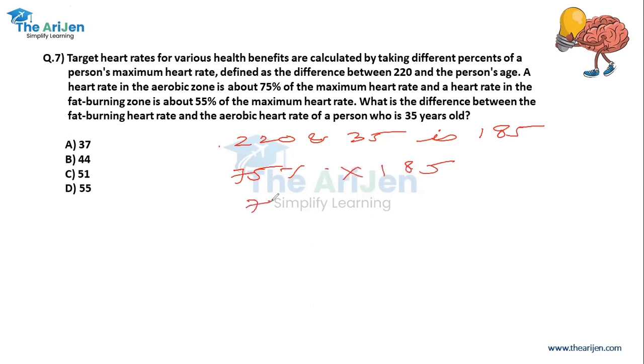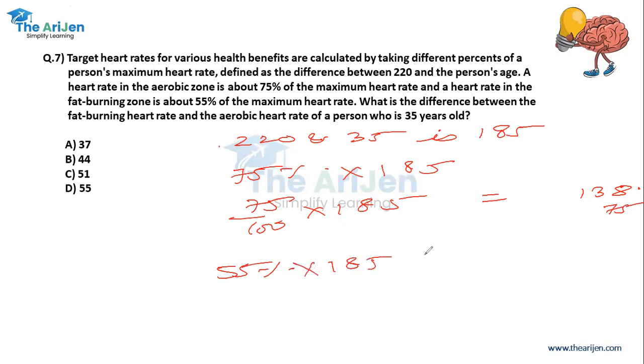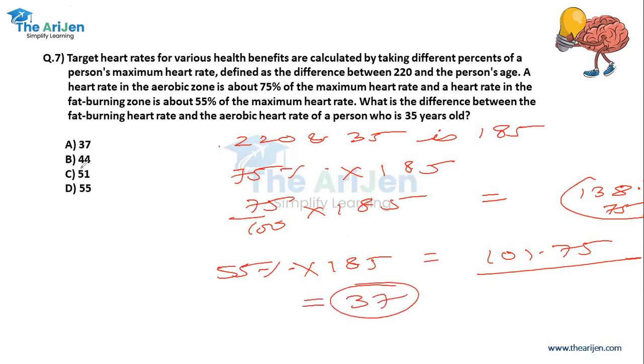On solving this, you are getting 138.75, right? So now again you have to solve for 55% of this number only, right? So you will get here 101.75. Now when you find the difference of these two, 138.75 and this number, you will get here 37, which is option A, right?